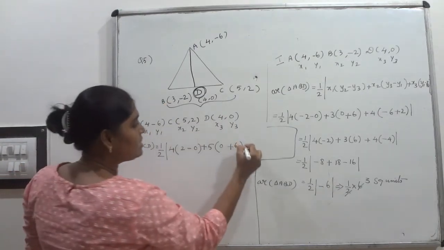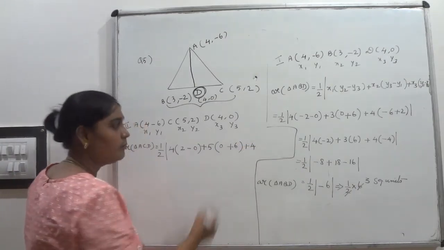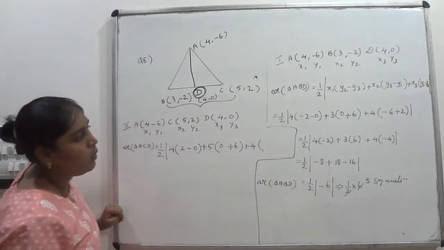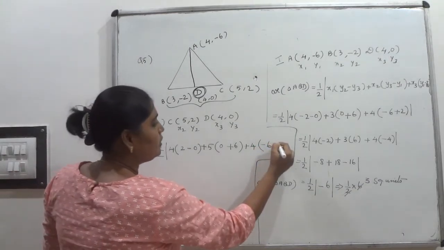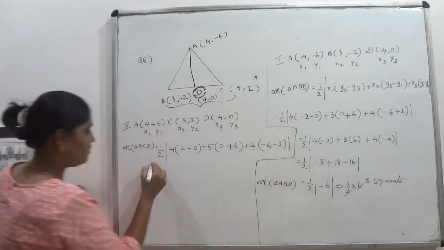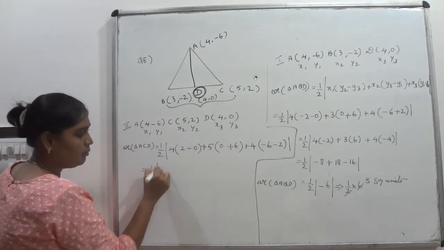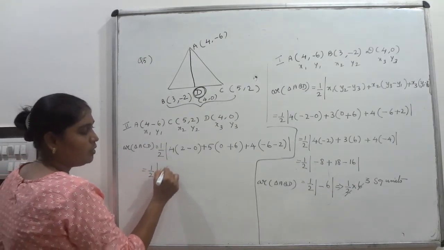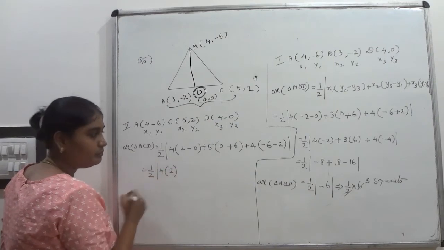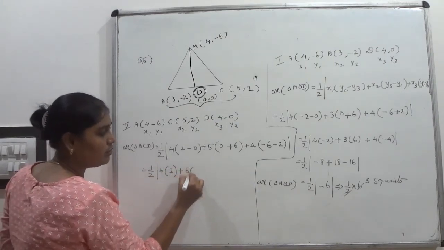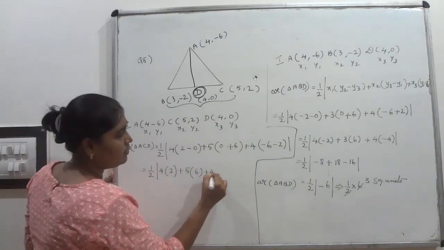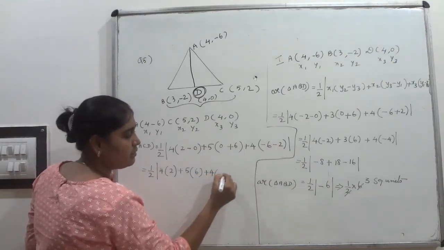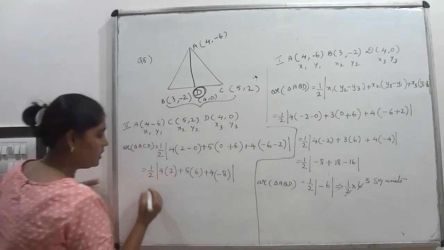Plus x3, that is plus 4 into y1 minus y2; y1 is -6, minus y2 which is 2, that gives -8. Close the bracket. Half modulus 4 into 2 minus 0 is 2, plus 5 into 0 plus 6 is 6, plus 4 into -2 minus 6 gives -8. Close the modulus.